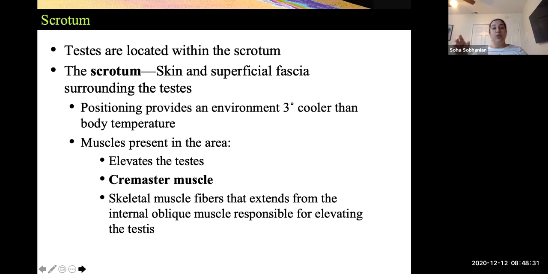The other thing they tell you is to stop wearing tight clothing and underwear, because the tighter your clothing is, the closer the testes are to actual body temperature, which means the lower your sperm count is going to be. The other thing I want to quickly add, because I think a lot of people also note it, is smoking. Smoking also lowers the development of sperm, or the sperm count, in males.